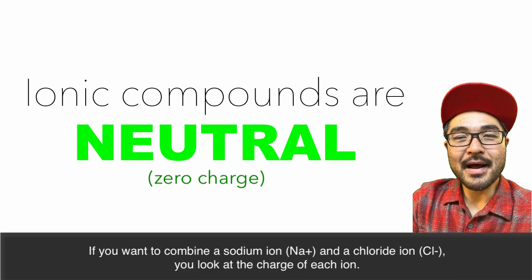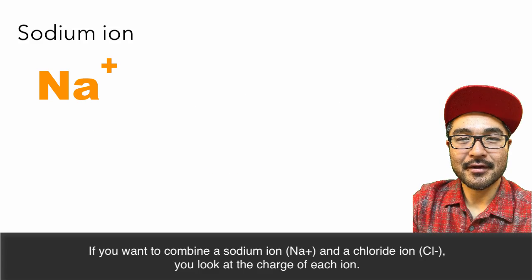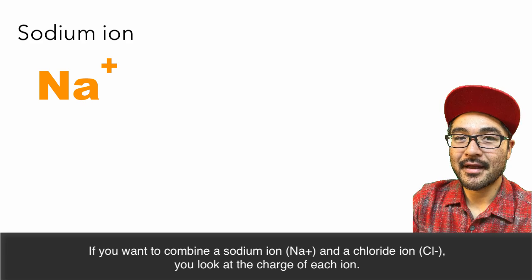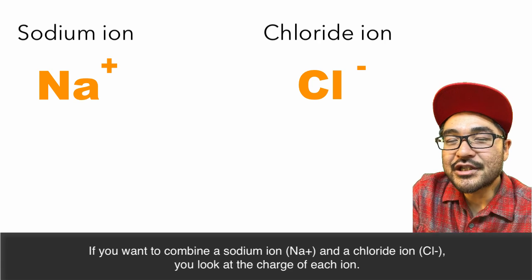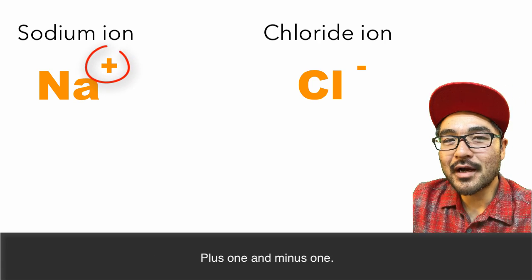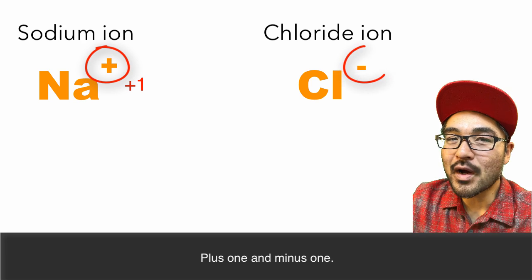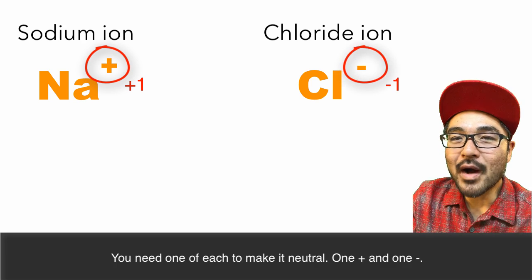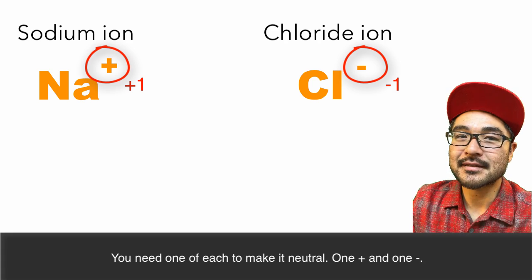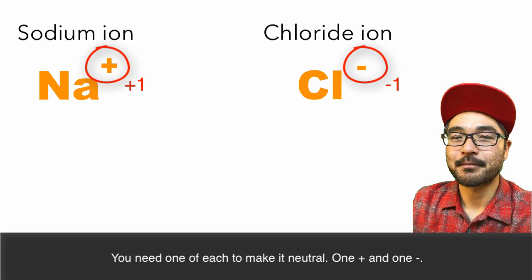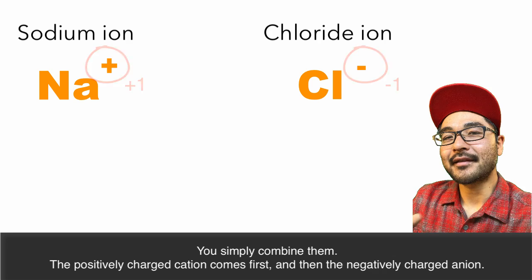If you want to combine a sodium ion, Na+, and a chloride ion, Cl-, you look at the charge of each ion, +1 and -1. So you need one of each to make it neutral, 1+ and 1-. And you simply combine them.